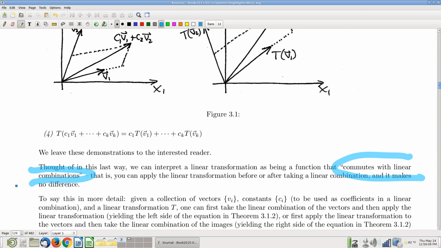Here, it's linear transformation first, then combination. So you can do the two processes in either order, and it doesn't change the value. It's a sloppy connection to the word commute, but nevertheless, it gives you the right idea. So people say that all the time: linear transformations commute with linear combinations. Just to be a little bit less obscure, I like to say it plays nice with linear combinations.